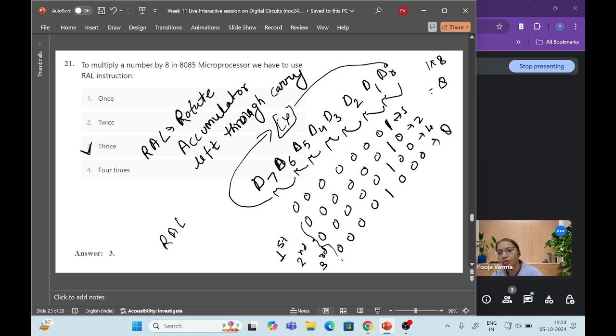Okay, so answer 3 is the correct answer. With the RAL instruction we need to rotate thrice to multiply a number by 8. Any number you use will get multiplied by 8. You can check it.